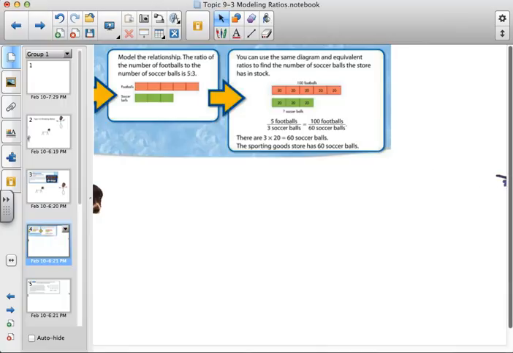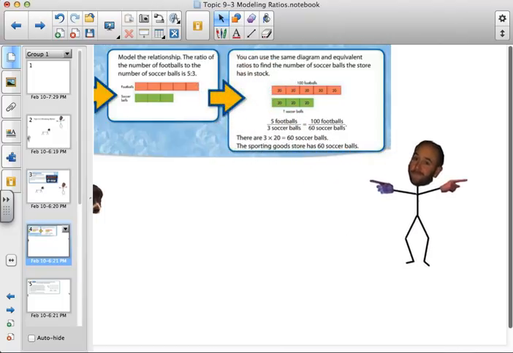In this problem, they solved it by creating a model. Now you'll notice that, remember, they said that they're going to take the number of footballs, which was 5, and the relationship to soccer balls, which is 3, and it gives you a 5 to 3 ratio. Now here's a model of it.